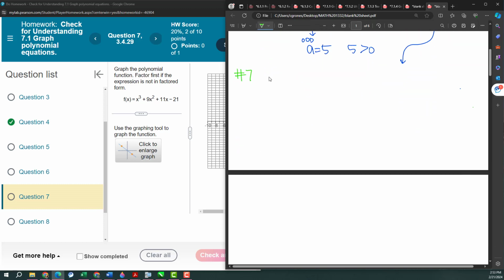So f of x equals x cubed plus 9x squared plus 11x minus 21. We do need to factor it, so we're going to use synthetic division. I'm just going to start with 1. They don't give this to us, but I'm going to just try it out.